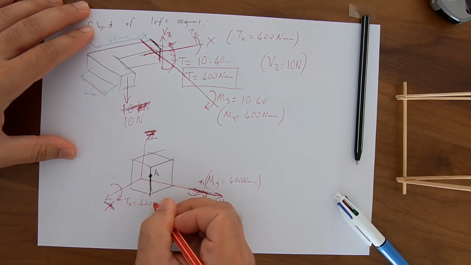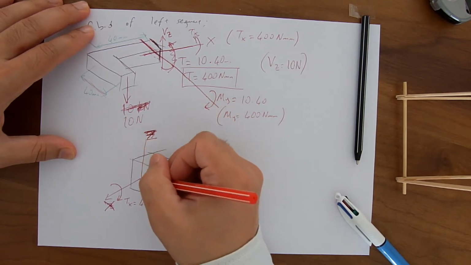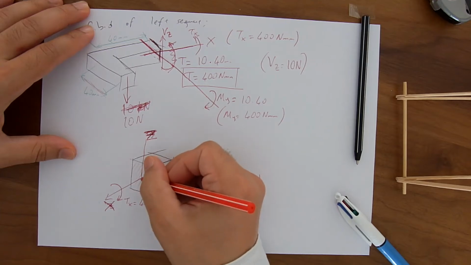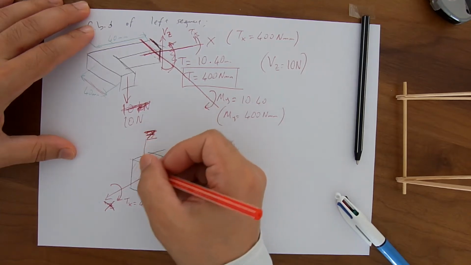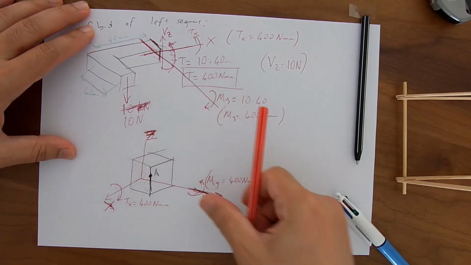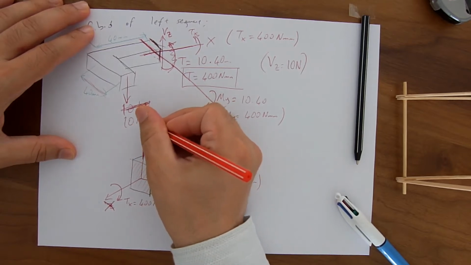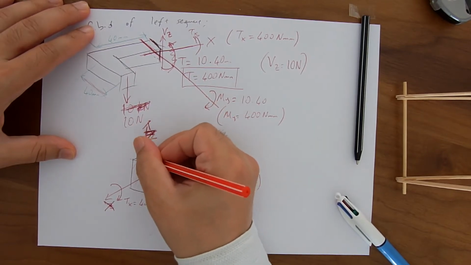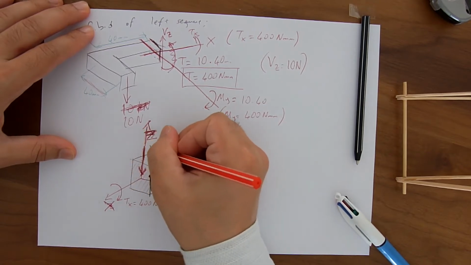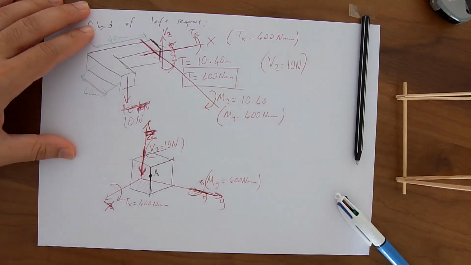It is again 400 Newton millimeters, and Vz, we are talking about this face, don't forget. Vz is downward, 10 Newtons.